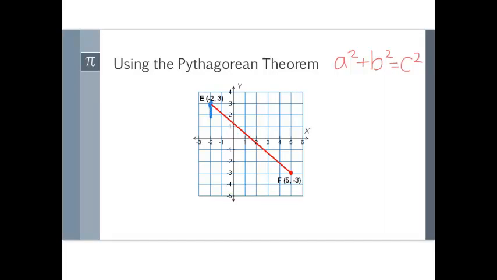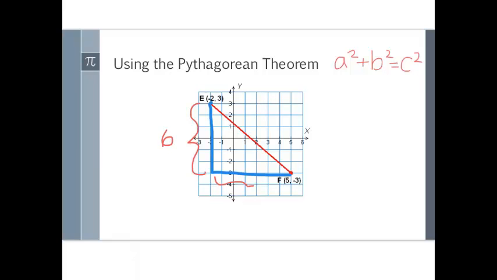Okay, so we'll draw one leg and the other leg. There's our right triangle. And we can see that this leg here, we just count them up, right? 1, 2, 3, 4, 5, 6 units.